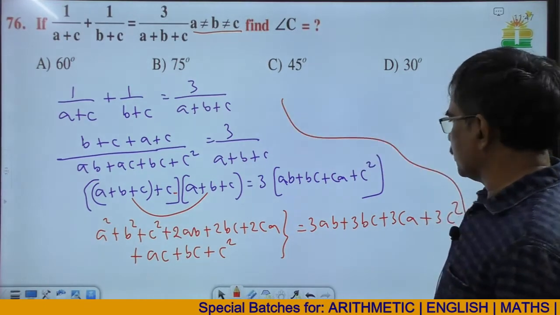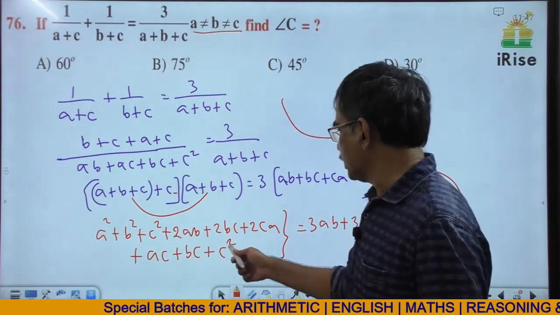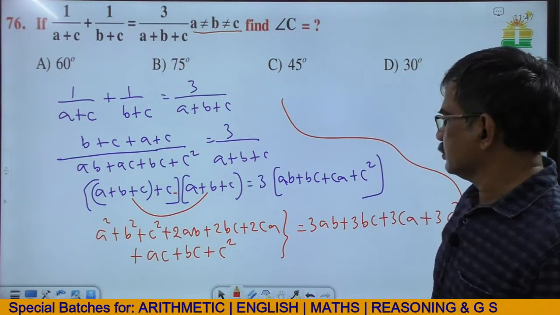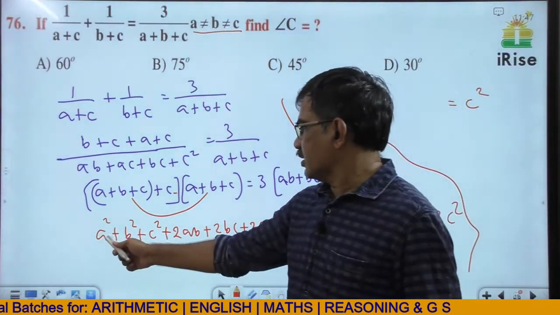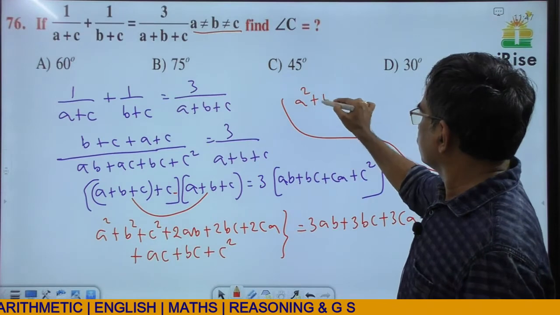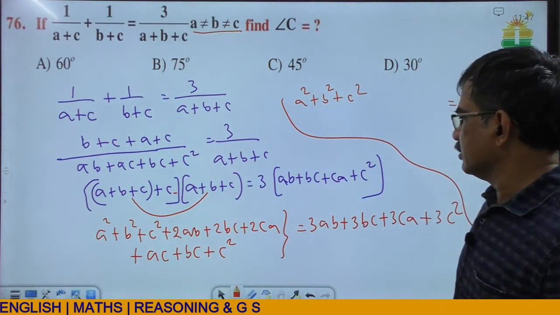Then what do we get from this? Here c square plus c square is 2c square, and here 3c square, so the right side is c square. In the left-hand side we have a square plus b square plus c square plus 2ab, 2bc, 2ca.